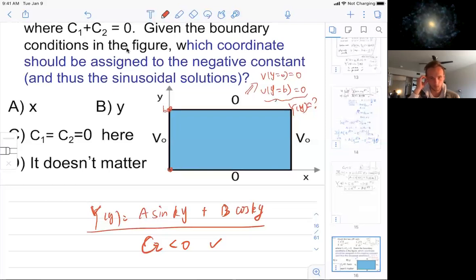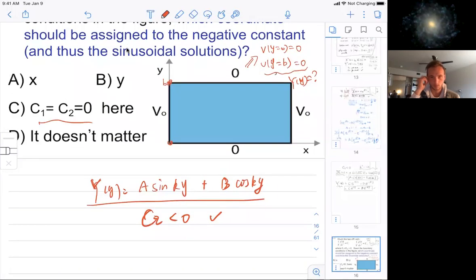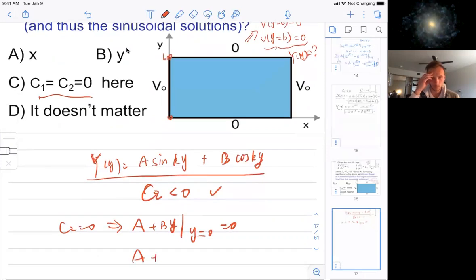You can always verify by saying, well, what if there's this? Well, you can do this. If C2 is 0, that tells me it is this format. And you plug in y equals 0 is 0, and you can see that it cannot satisfy both at the same time. If this is satisfied, this is not.